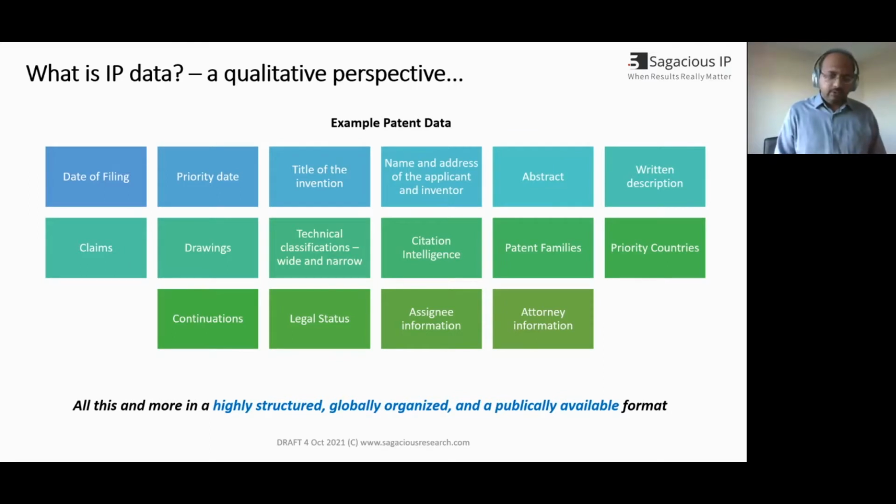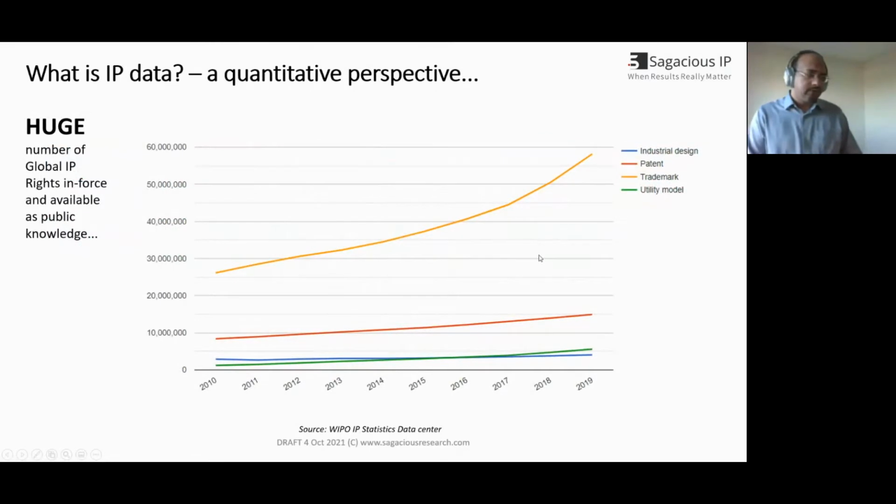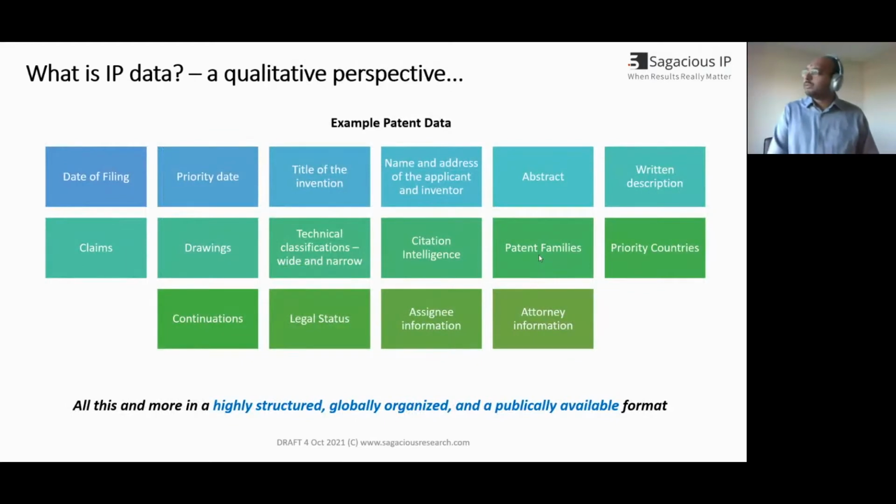And if you saw the previous slide closely, we're talking about thousands, even millions of patents and millions of trademarks. By some statistics, you have close to 130 to 140 million patents globally at this point.